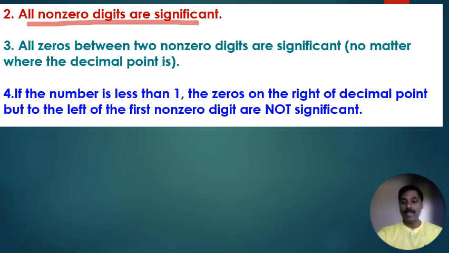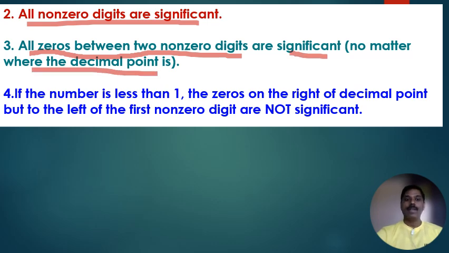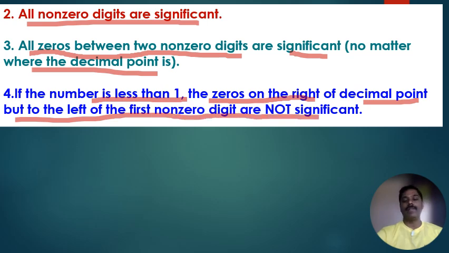The first rule is that a change in the system of units does not change the number of significant figures. Second is that all non-zero digits are significant. And when it comes to zeros, all zeros between two non-zero digits are significant, no matter where the decimal point is. The fourth one is that if the number is less than 1, the zeros on the right of the decimal point but to the left of the first non-zero digit are not significant.